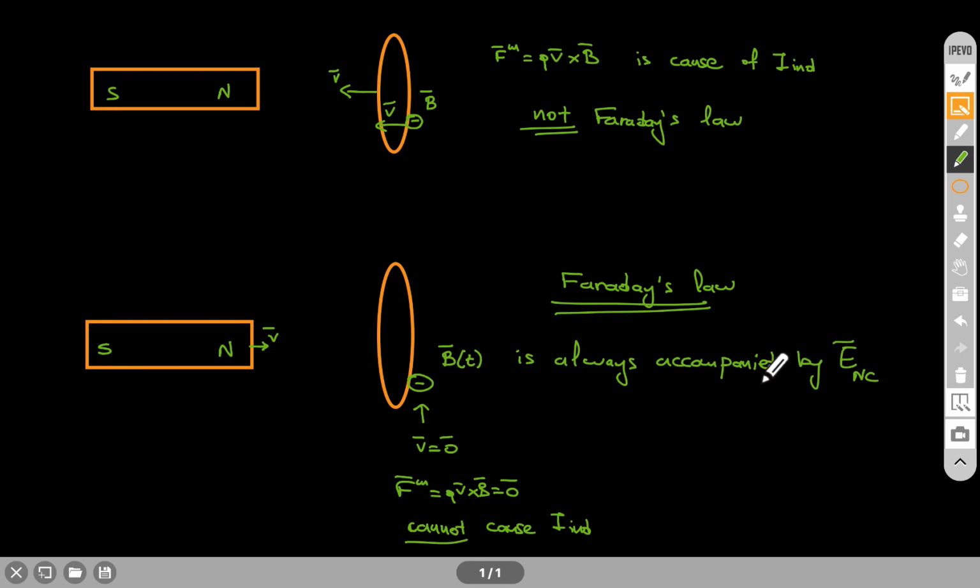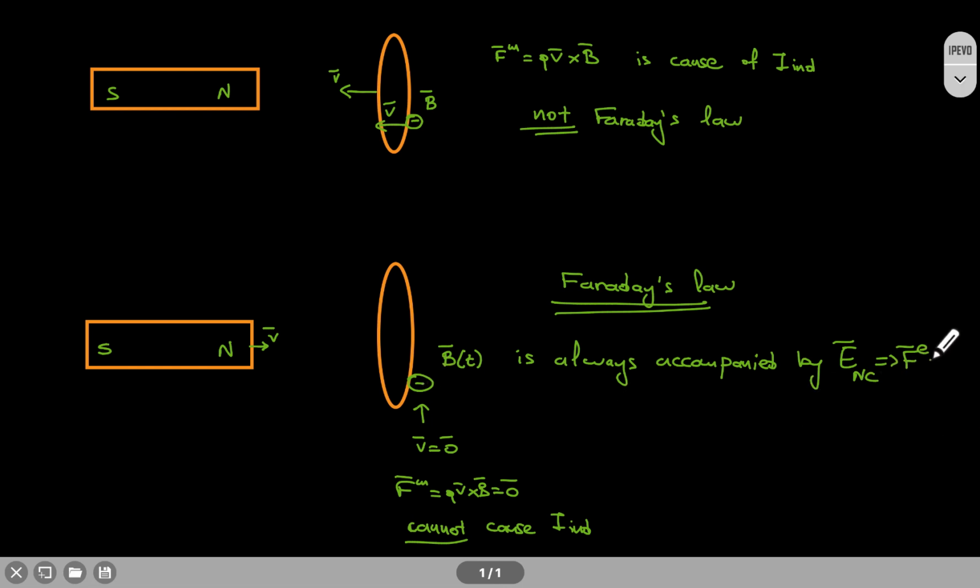Now, where I want to go with this: if there is an electric field at the location of the mobile electron, of course there will be an electric force. And that electric force is pushing that mobile electron, and that's how we get, in this case, the induced current.